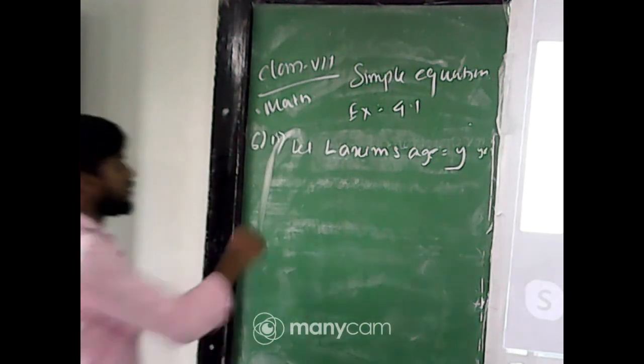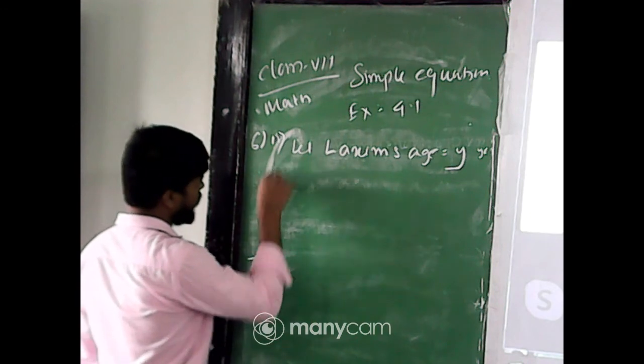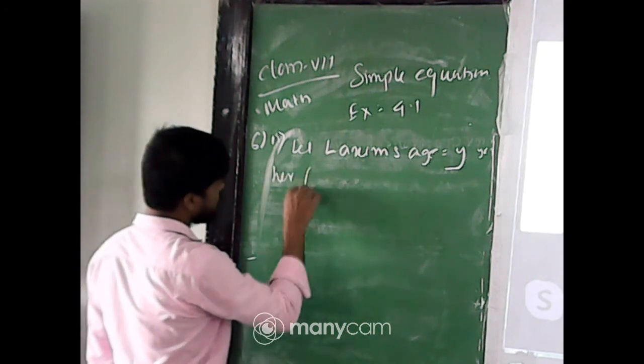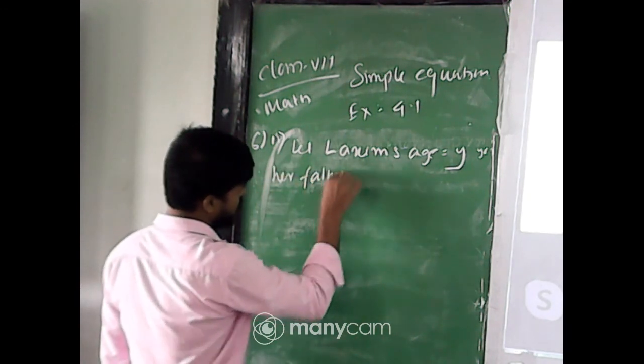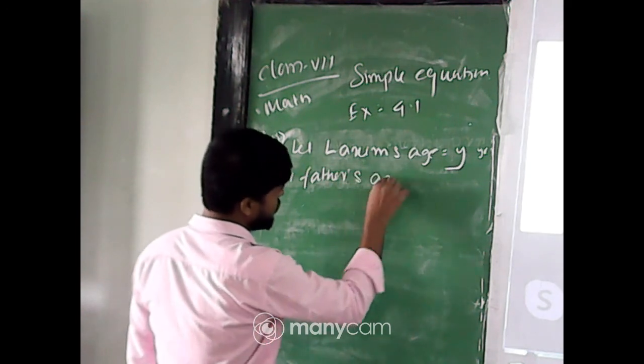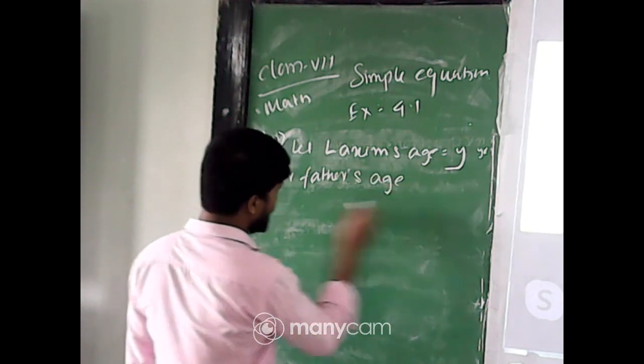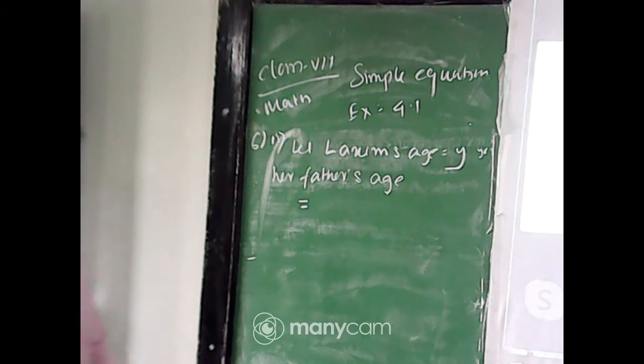Okay, so what is his father's age? Therefore, her father's age. What will be her father's age? To know that, come to the problem. He is 4 years older than 3 times of Lakshmi's age.